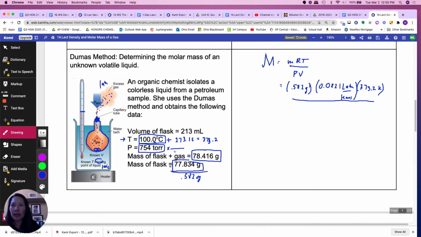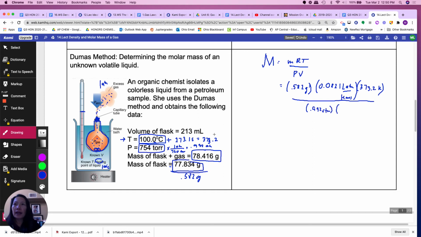You divide it by 760 torr, 1 atm, which is equal to 0.992 atm. And you plug that in where pressure is.